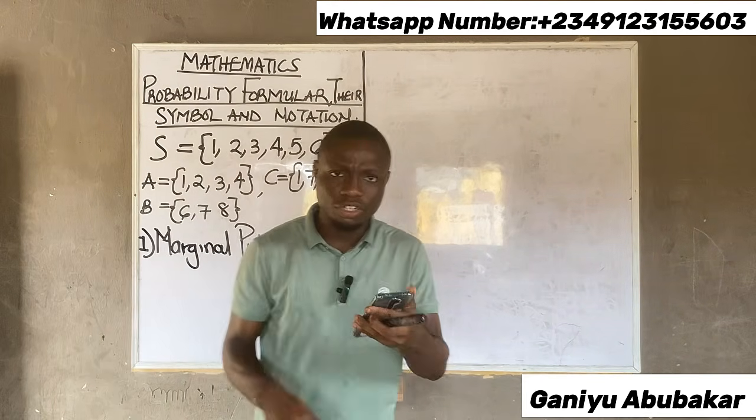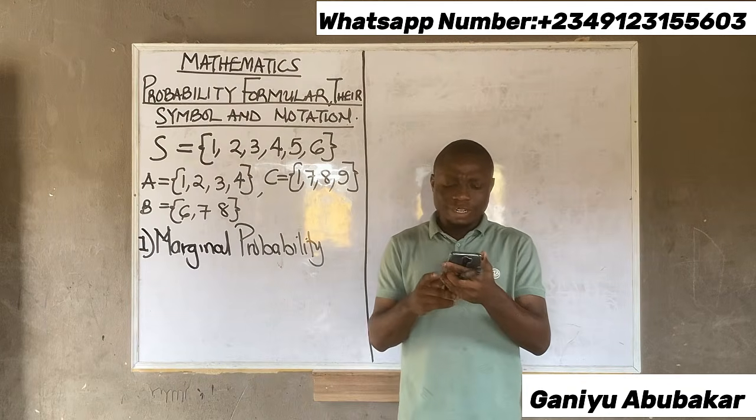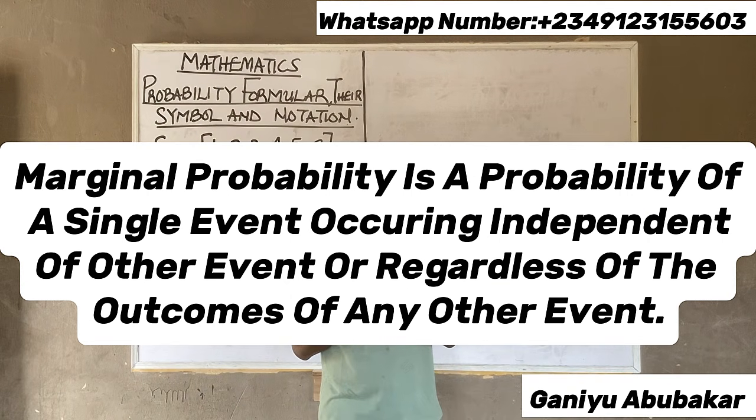Let's do the definition. Marginal probability is the probability of a single event occurring independent of other events, or regardless of the outcome of any other event.